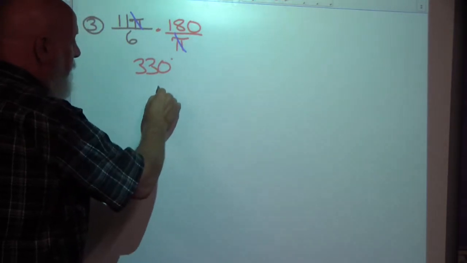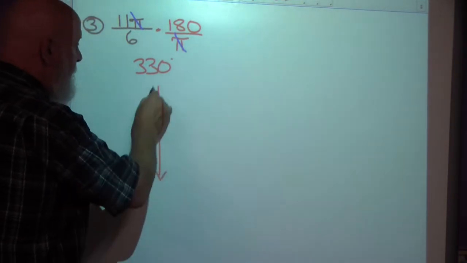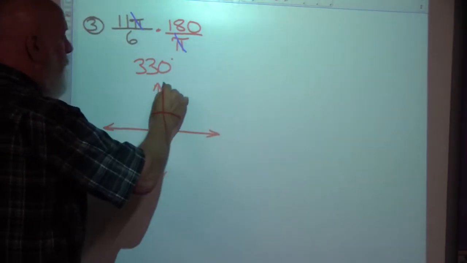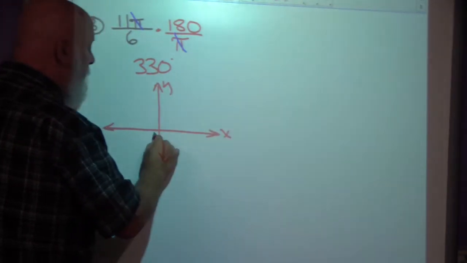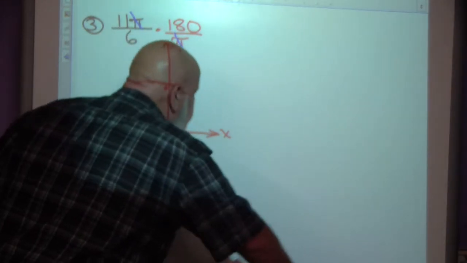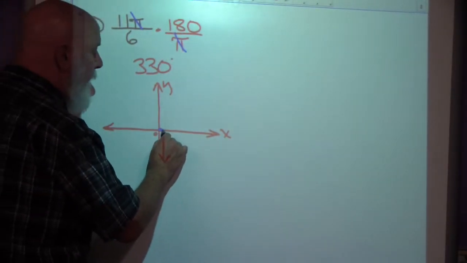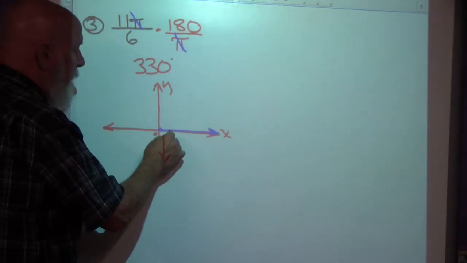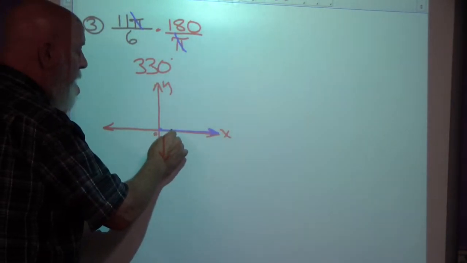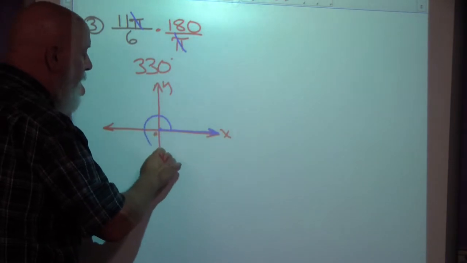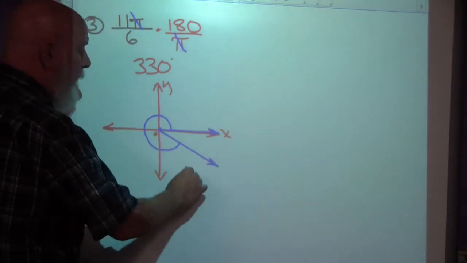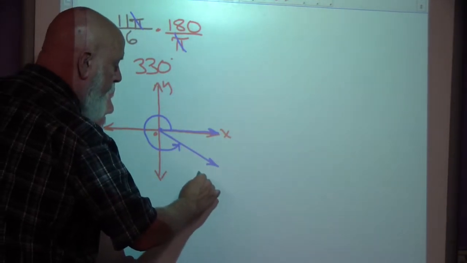We go to the Cartesian coordinate plane. Y-axis, x-axis, origin. Our initial side is the positive x-axis, and we rotate 330 degrees. Well, that's not quite a full circle, is it? It's going to be 30 degrees shy of a full circle, so it'll be something like that, which would put me in quadrant 4.